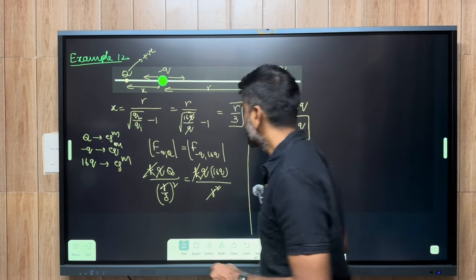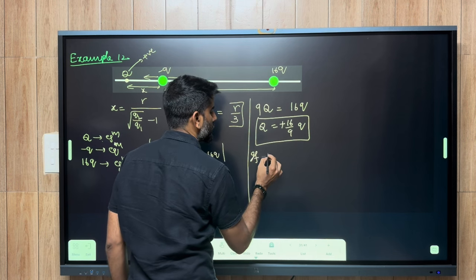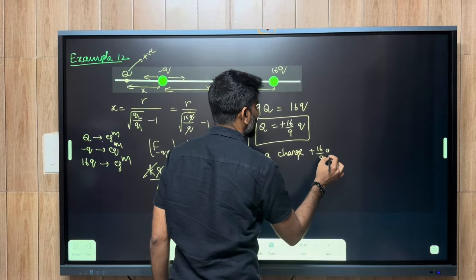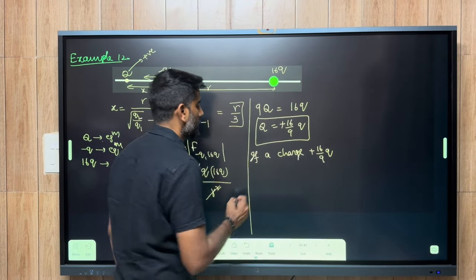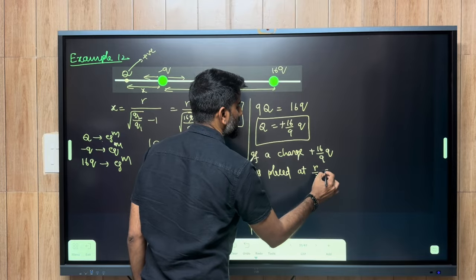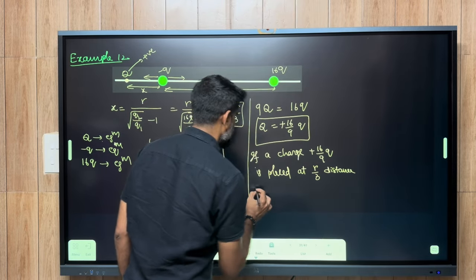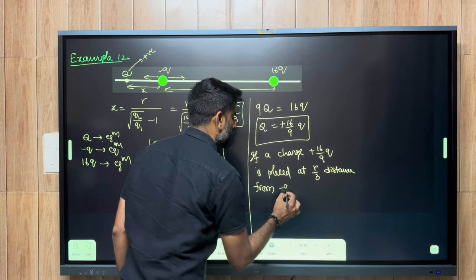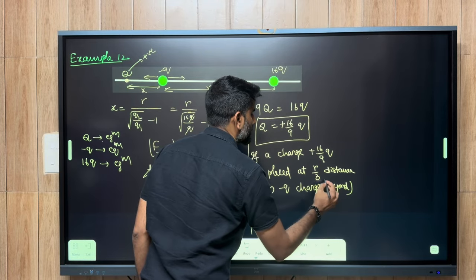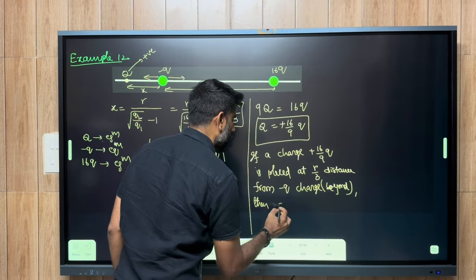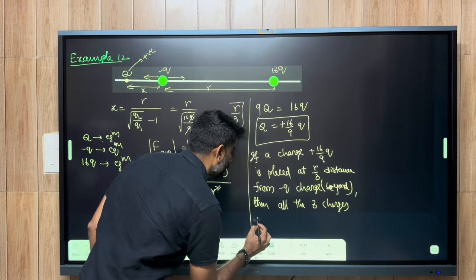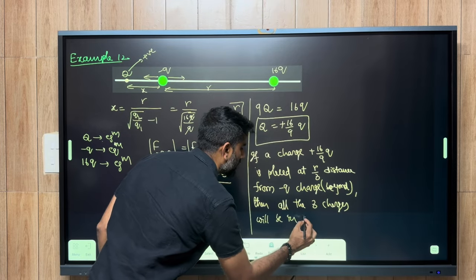So if a charge plus 16 by 9 q is placed at r by 3 distance from the minus q charge beyond, then all the three charges will be in equilibrium.